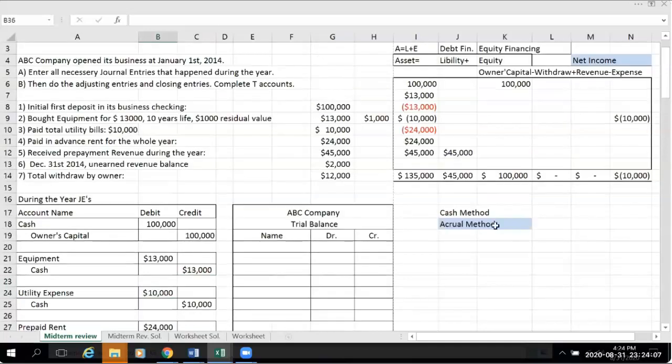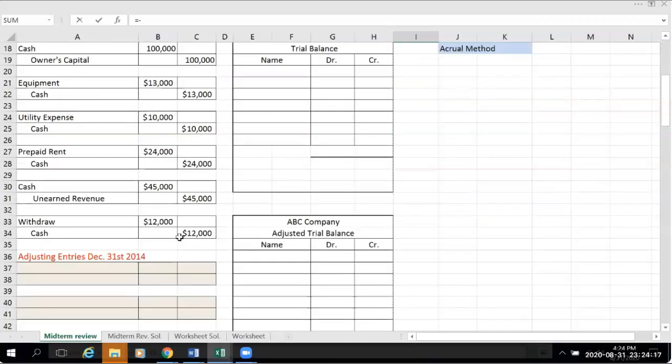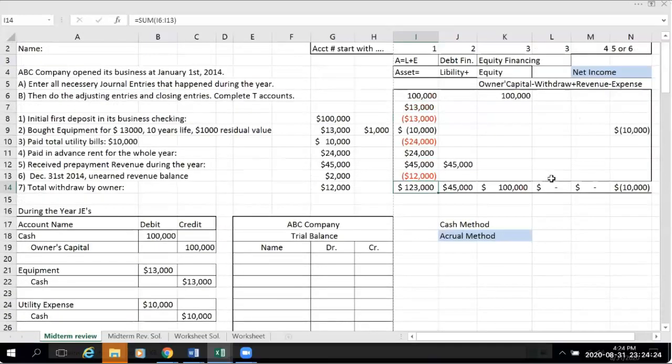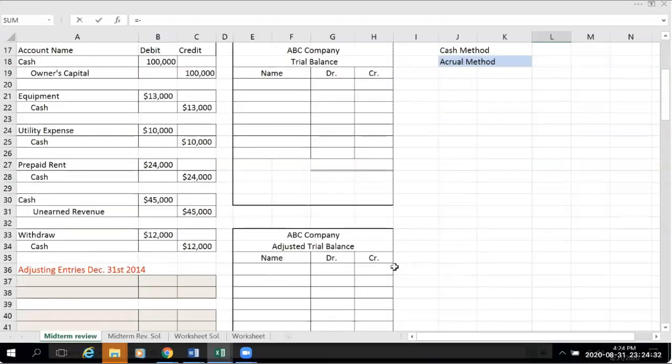So that looks like this. Withdraw is equals to minus that number, 12,000. And here, you see withdraw has a negative impact. Do you see that negative impact? So here I say equals to minus that box.